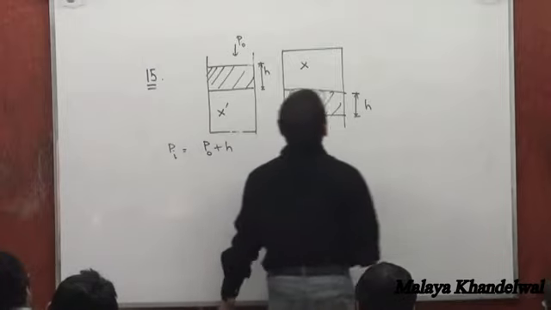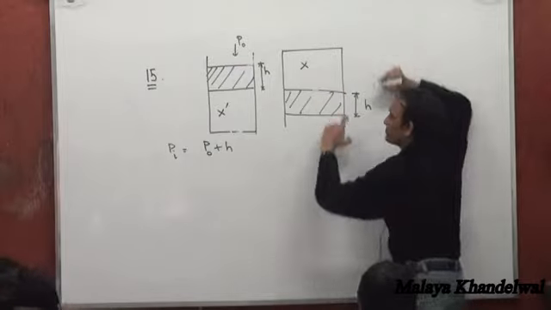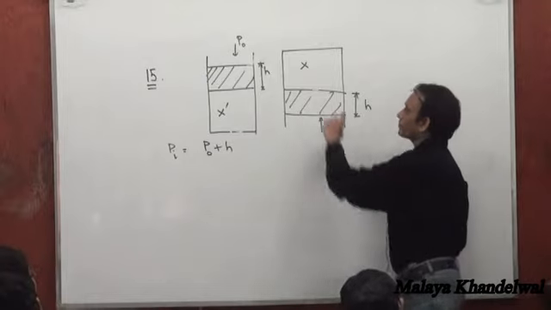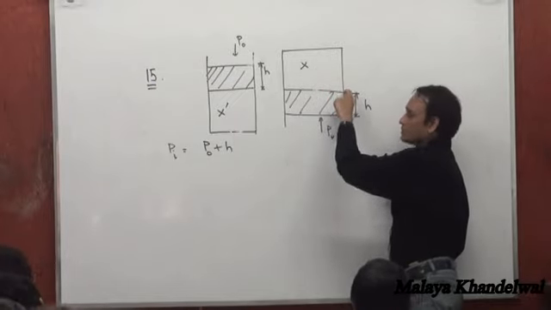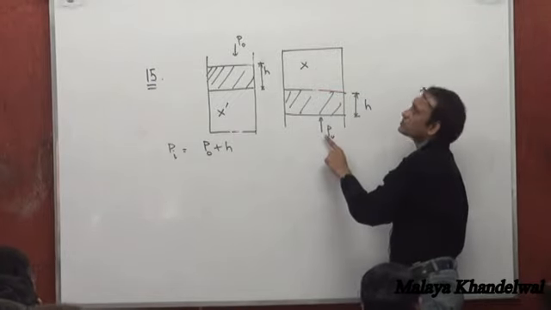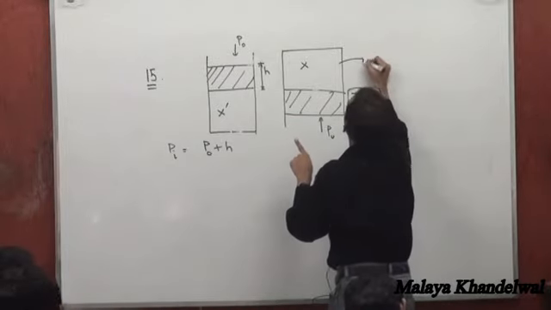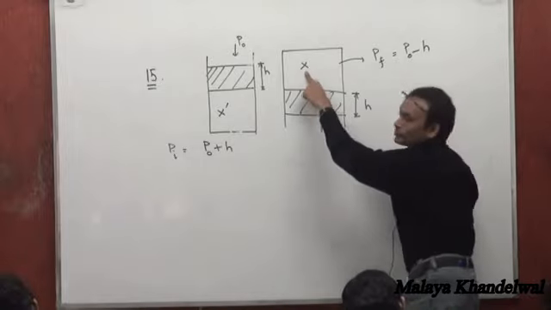Now, in this case, the air pressure plus h millimeters of mercury would balance atmospheric pressure P naught. So the air pressure must be P naught minus h, right? So Pf, the final air pressure, is P naught minus h, and the final volume is x.